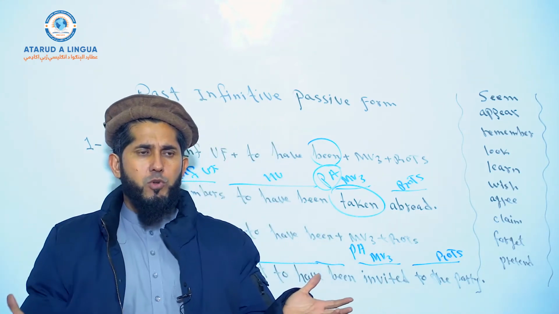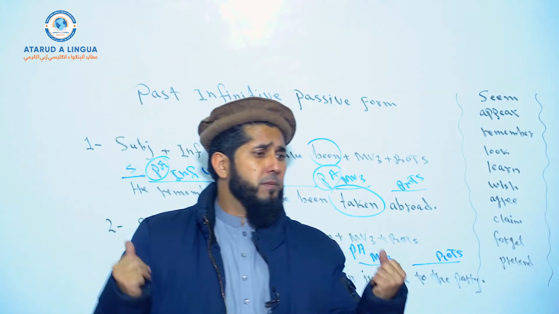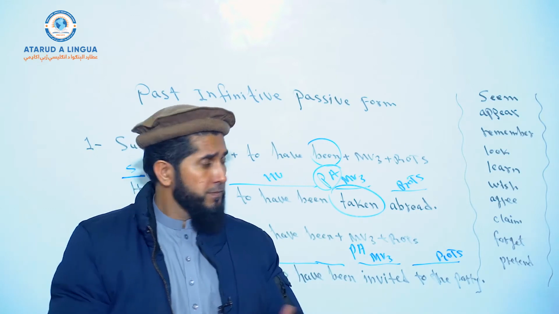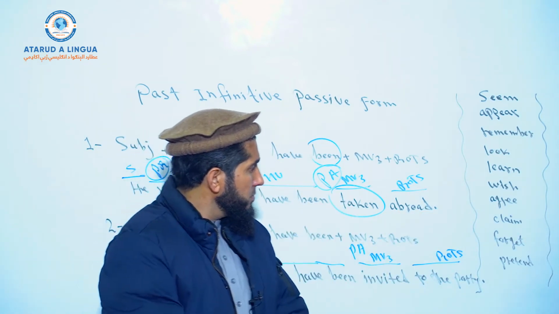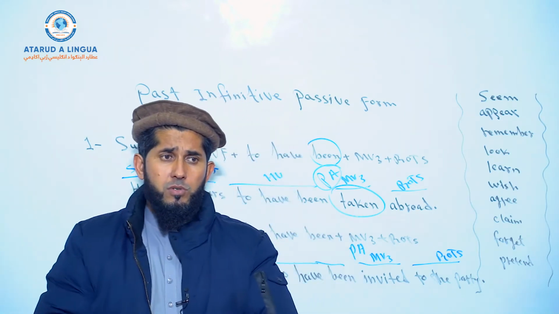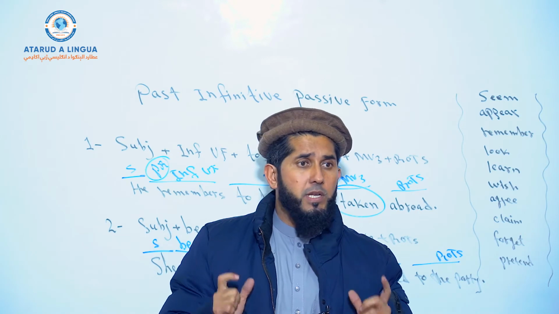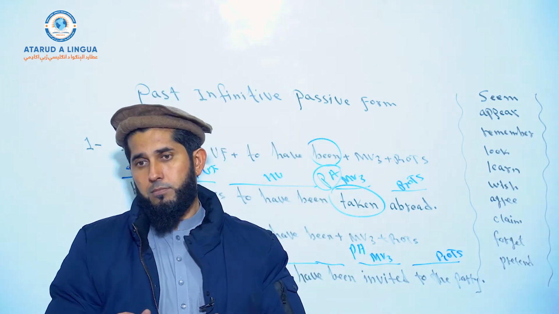He disagrees to have been trained by our enemies. He disagrees to have been trained by our enemies. For example, you can say, he claims to have been given a scholarship. He claims to have been given the Fulbright scholarship.